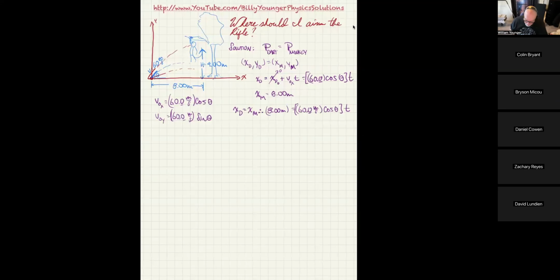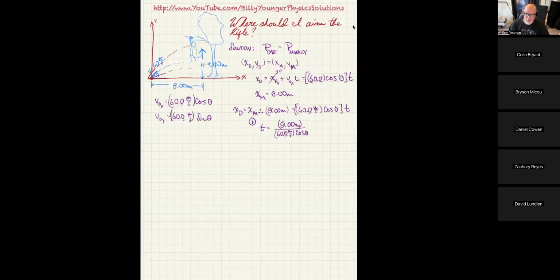So in principle, we can see that t would actually be equal to 8.00 meters divided by 60.0 meters per second times cosine theta in the denominator. So I'm going to call this equation 1. It's going to come in handy because I'm going to have a time dependence in my y.